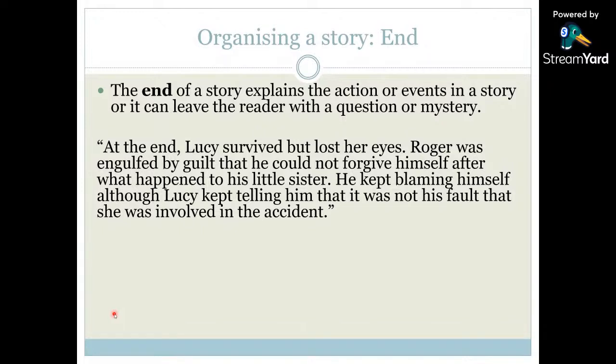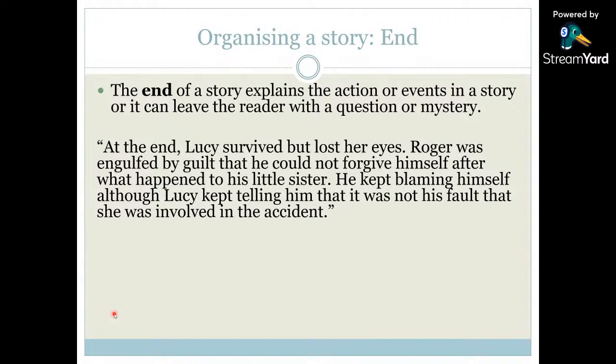sebelum dia tu, Lucy ni, watak nama Lucy ni, accident. Okay, jadi dan mungkinlah Roger yang menyebabkan accident tu, mungkin dia cuai ke, mesti jaga adik dia. Okay, jadi Lucy selamat tapi hilang kedua-dua mata dia. Roger was engulfed by guilt ni maksudnya Roger sangat-sangat berasa bersalah.